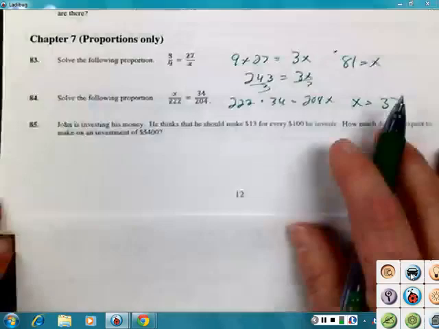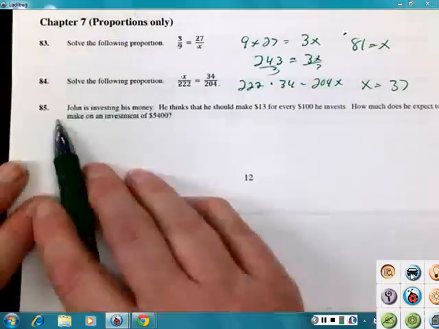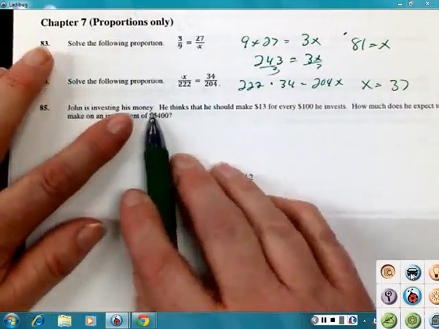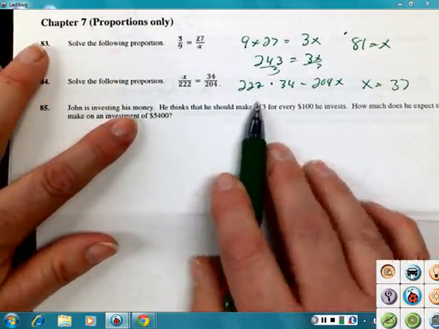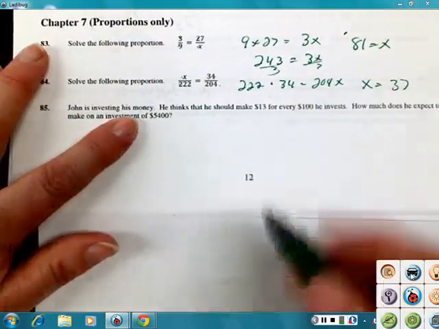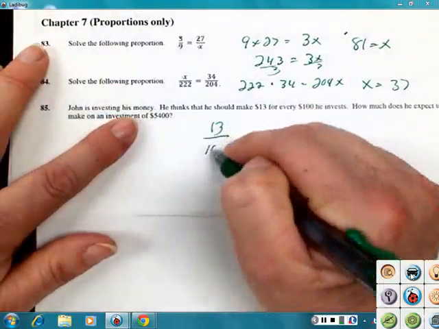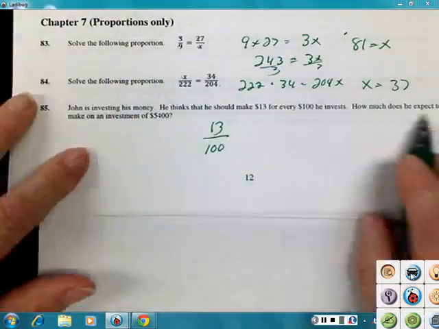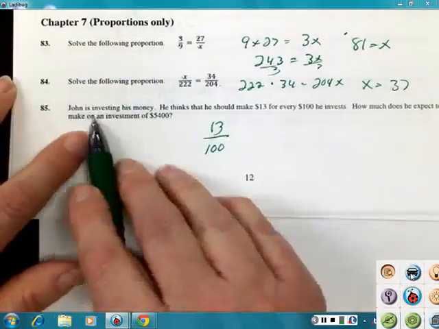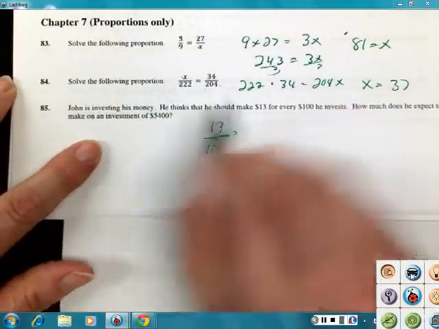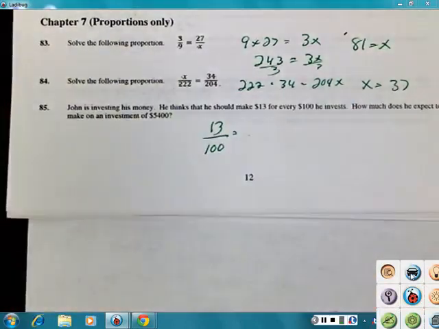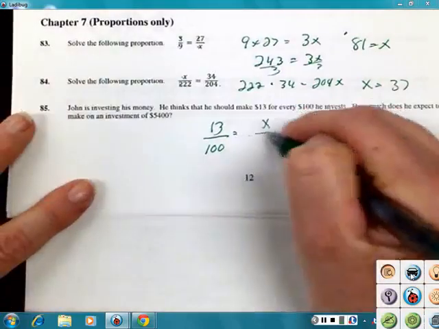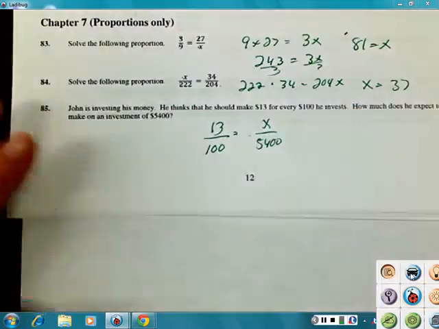And a story problem with proportions. It says John is investing his money. He thinks that he should make $13 for every $100 he invests. So 13 over 100. How much does he expect to make on an investment of $5,400? Yeah, x over 5,400.